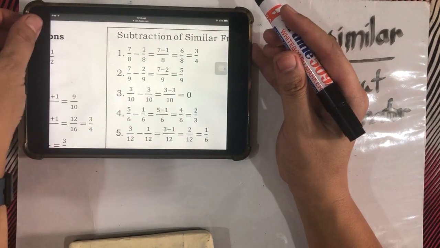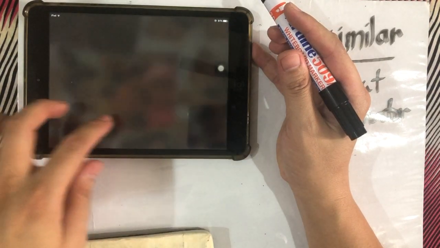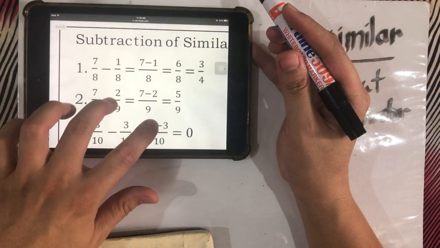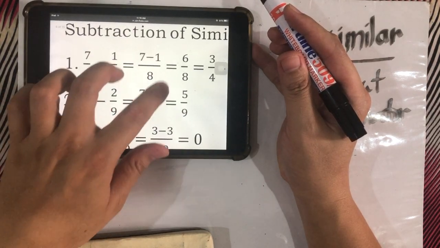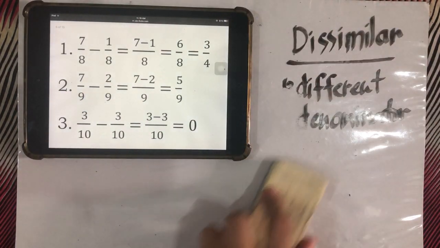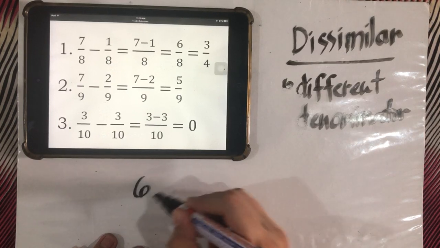Now, like we said, of course, you always have to make your answer in lowest term. So, you find the GCF of your numerator 6 and your denominator 8. Okay? So, use continuous division to do that. So, you have 6 and then you have 8.